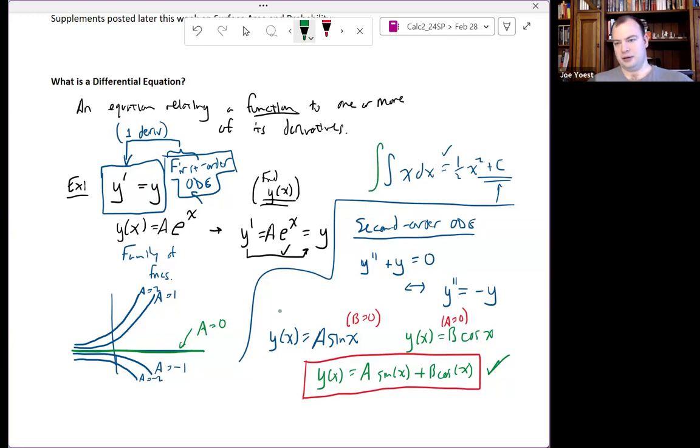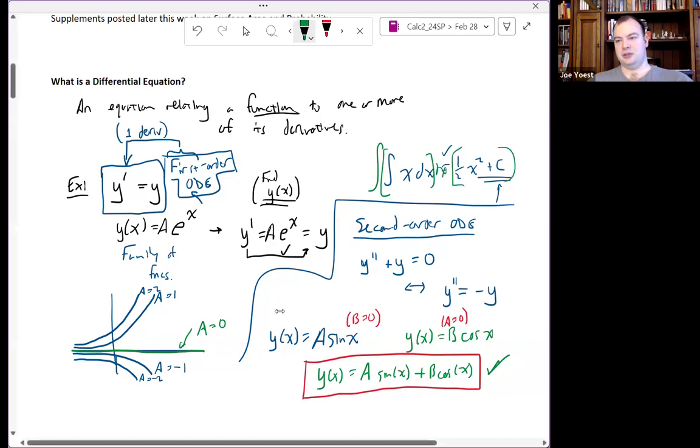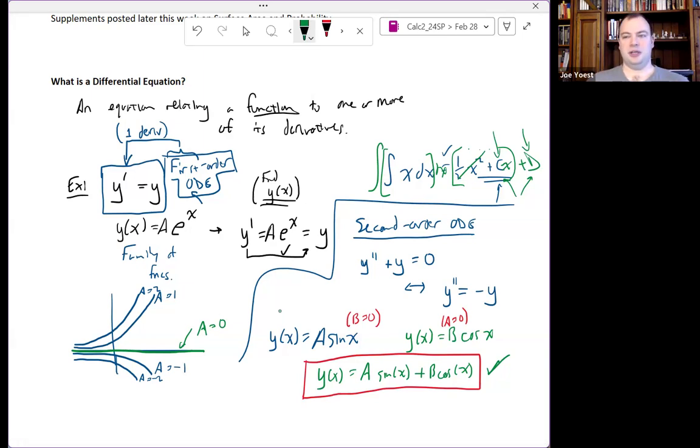If I integrated this dx, I would get some other stuff plus another arbitrary constant, right? This would turn into a cx, and we would have two arbitrary constants if I did a double, nested integral.